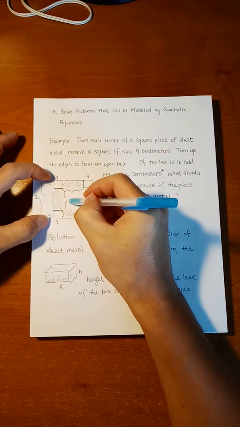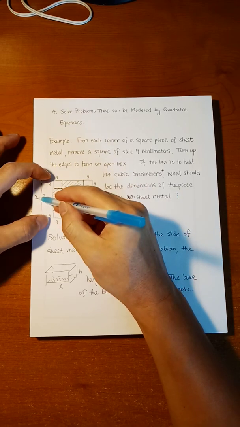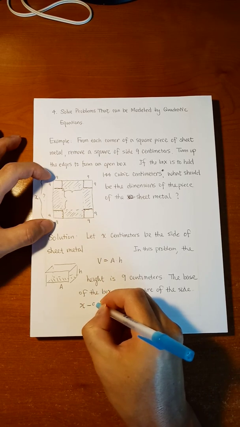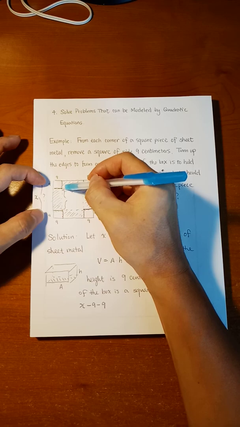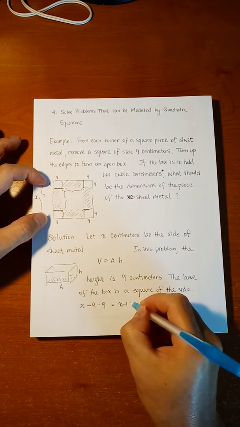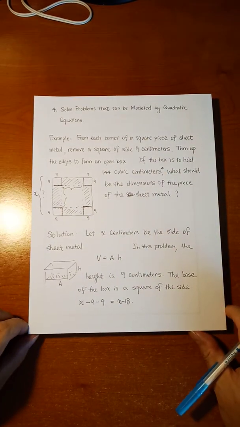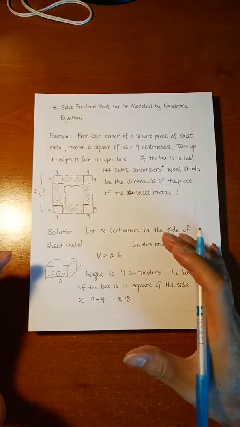Here is a side. The side plus 9 is x. In other words, the side is x minus 9 and minus 9, minus this corner and minus this corner. This is x minus 18. The side is x minus 18. Correct? When you get the side, it's a square.